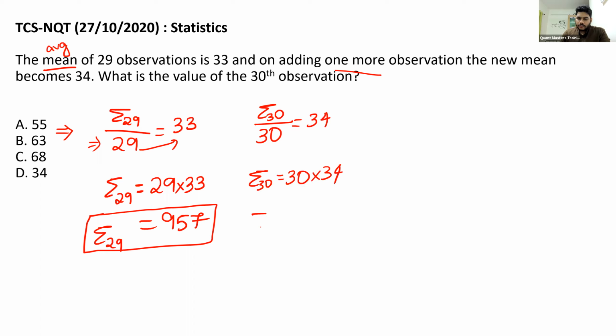How much is 30 into 34? 3 threes are 9, 90 plus 12 is 102 followed by 0, 1020. Sum of 30 observations is 1020, sum of 29 observations is 957. So the 30th observation will be the difference among them, that is 63.